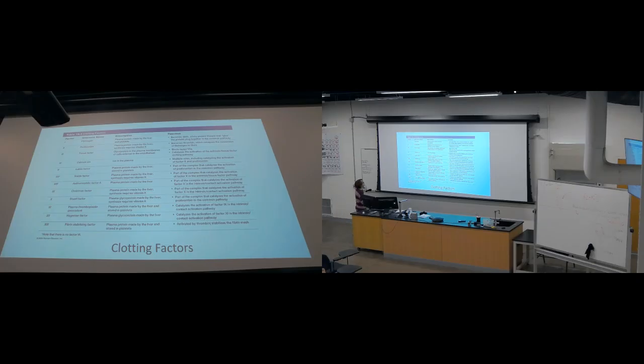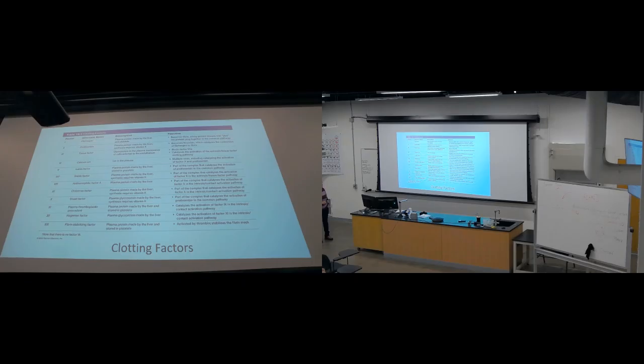That's the purpose. And now here we have the names of all of these factors, what they do, and the description. So fibrinogen is factor 1. And just as all the coagulation factors, with the exception of calcium, they are made in the liver and also in platelets. Calcium is factor 4. And then we have Hageman's factor, factor 12.